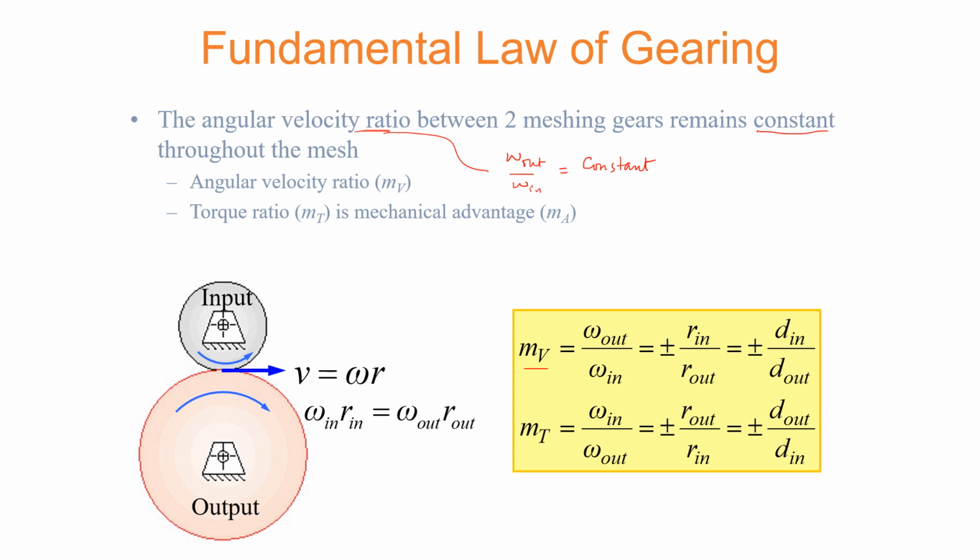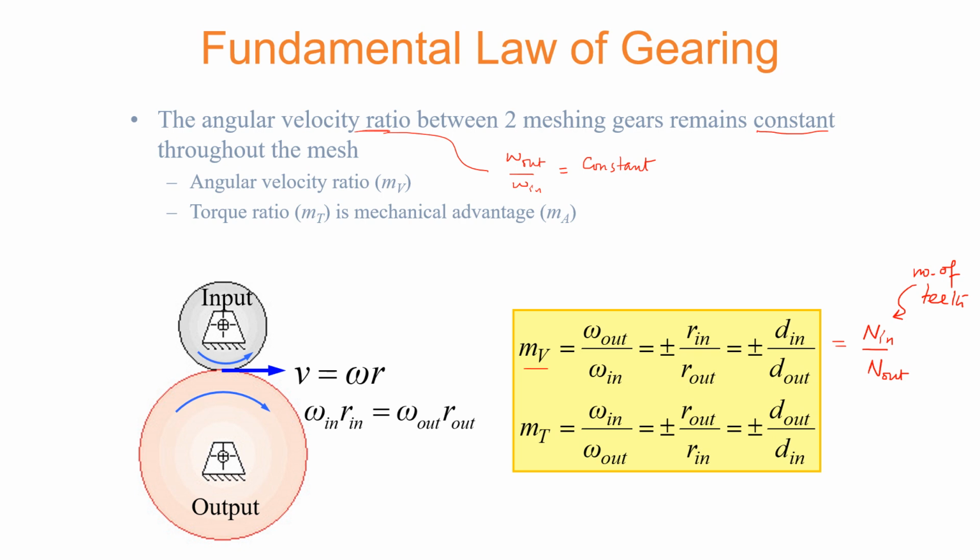But today we're going to add a little additional feature, because we have discussed the gear tooth profile in much more detail last time, so it would be appropriate now to add that little expression over here. And that is going to be equal to n in over n out, which means the number of teeth of the input gear divided by the number of teeth of the output gear.